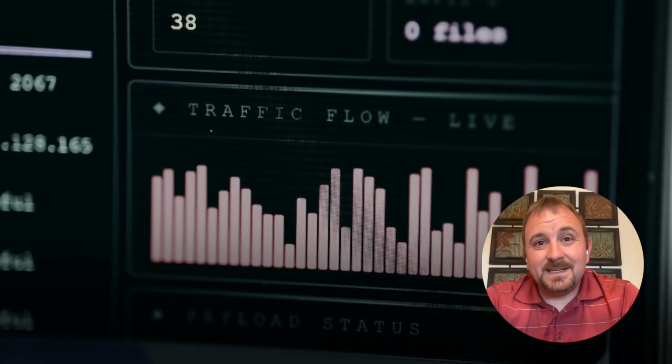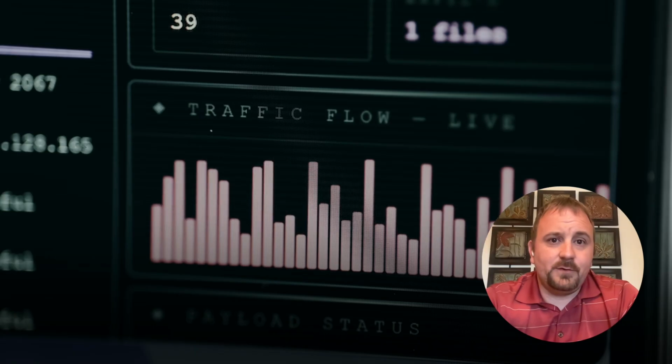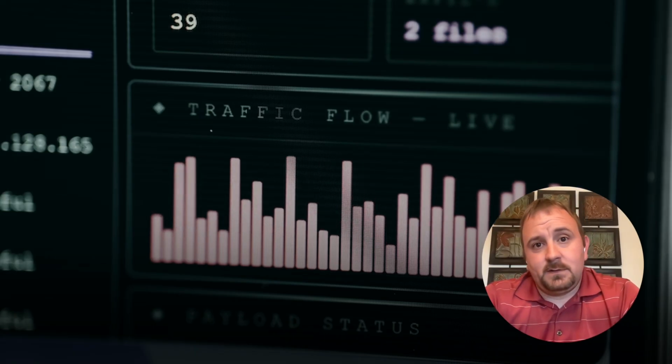If you're interested in incident response, understanding network protocols and traffic flows makes it much easier to contain threats and explain what happened to your peers, to your leadership, and potentially even to your board.